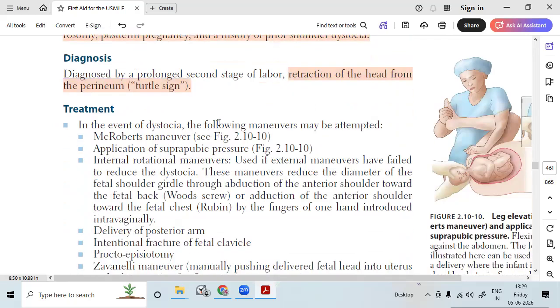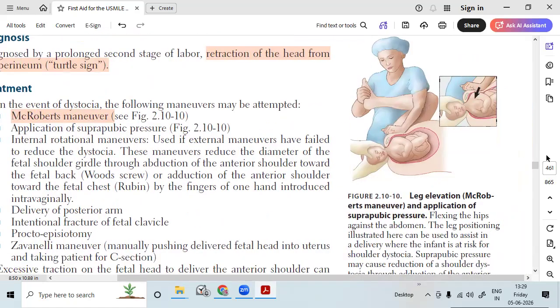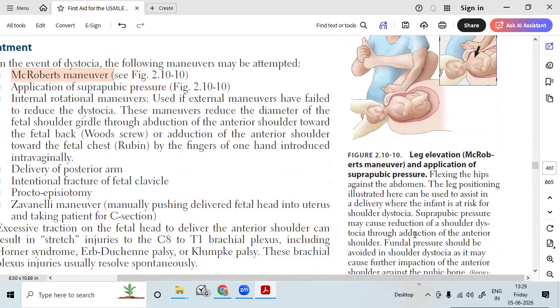In the event of dystocia, the following maneuvers may be attempted. You can do the McRoberts maneuver. Let's see what this is. There's leg elevation of the mother and application of suprapubic pressure, flexing the hips against the abdomen. The leg positioning illustrated here can be used to assist in a delivery where the infant is at risk for shoulder dystocia.